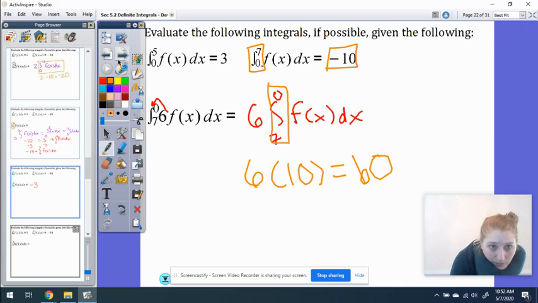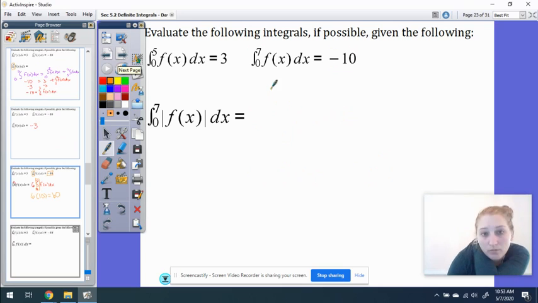Okay. Now this next one is a trick question. And why is this one a trick question? It's a trick question because they did not give me the intervals from where this is positive and negative.